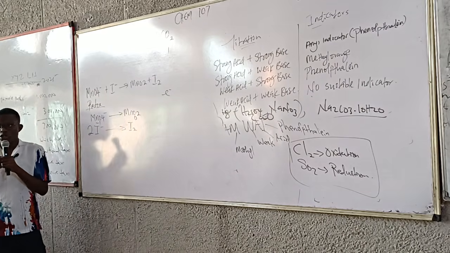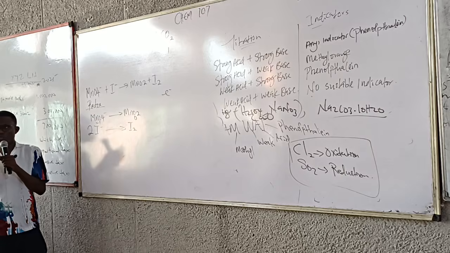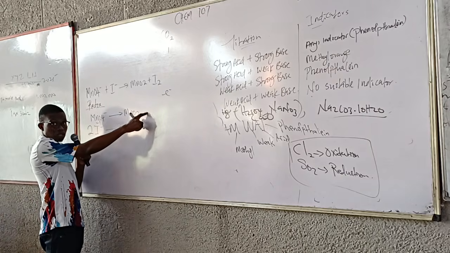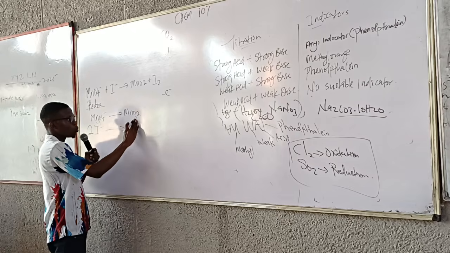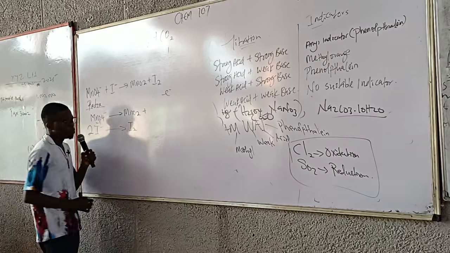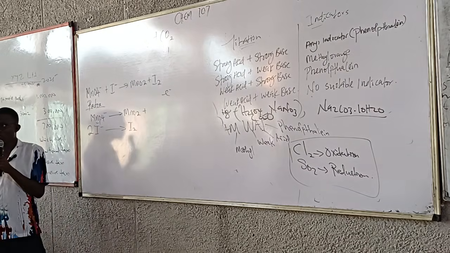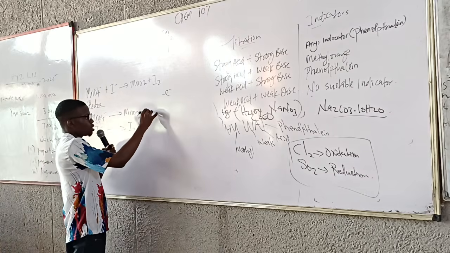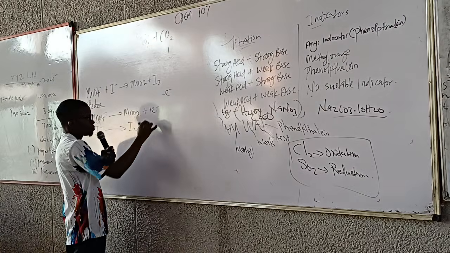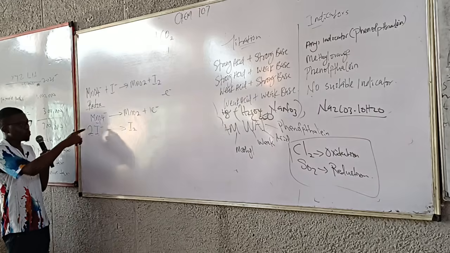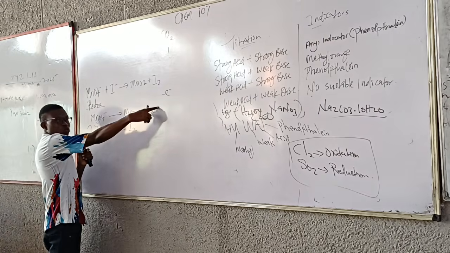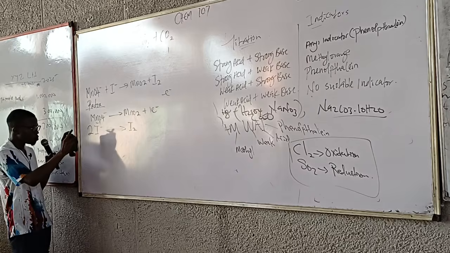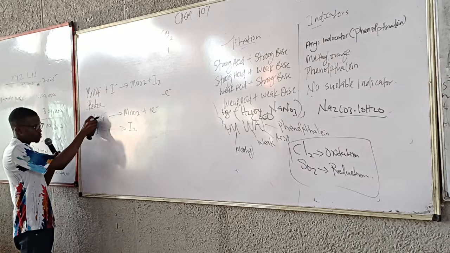If I'm bringing the electron, will I put it here or here? I put it here. How many electrons will I bring? 1, because it's minus 1. So I'll bring 1 electron, so that I'll have minus 1 here and minus 1 here. So that one is for charge.